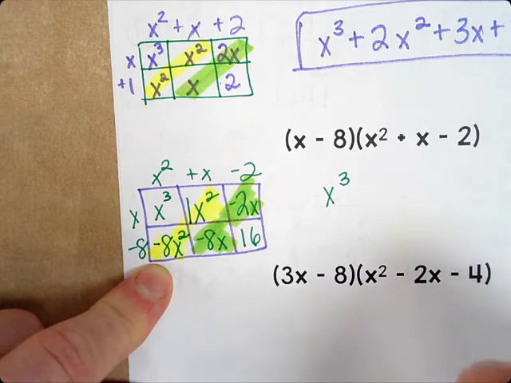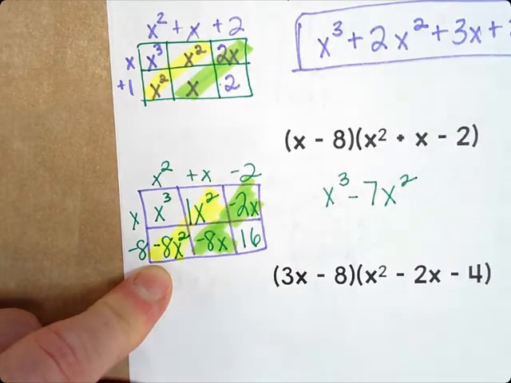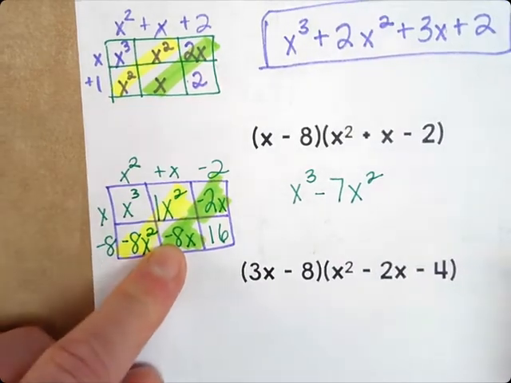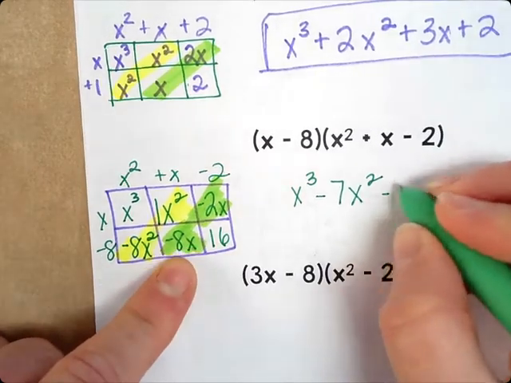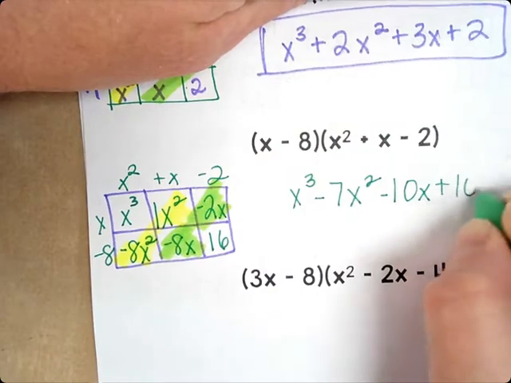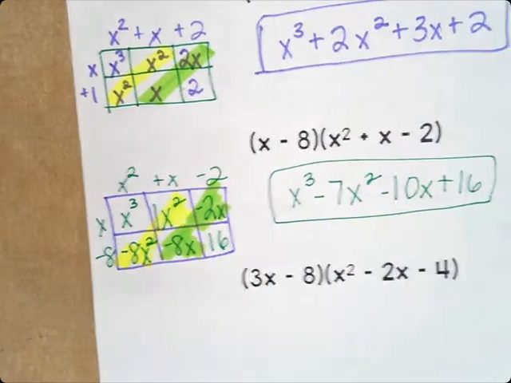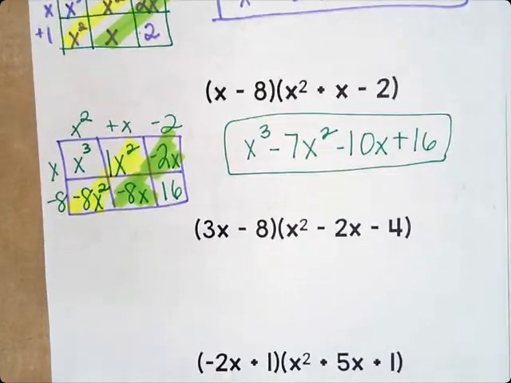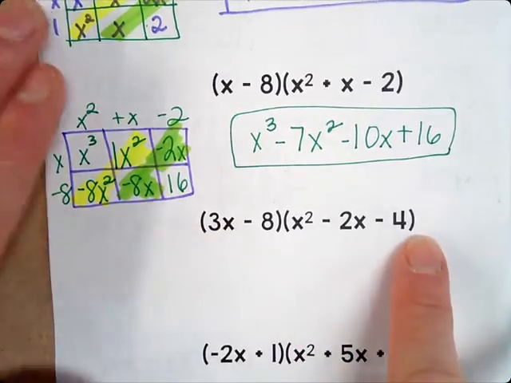But if I have a negative 8 and I have a 1, then I actually get a negative 7x squared. Negative 8x and negative 2x, negative 10x, and then plus the 16. So go ahead and do this one on your own.